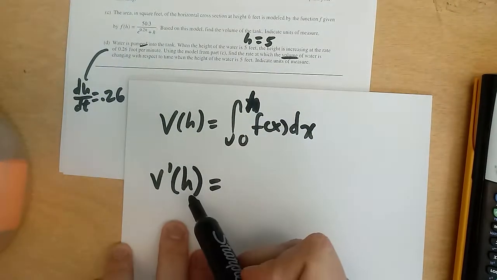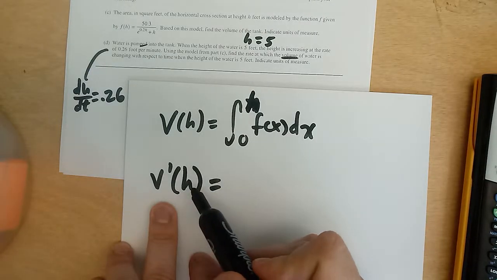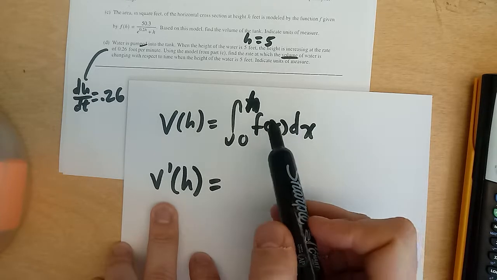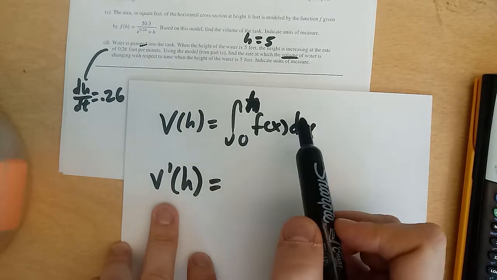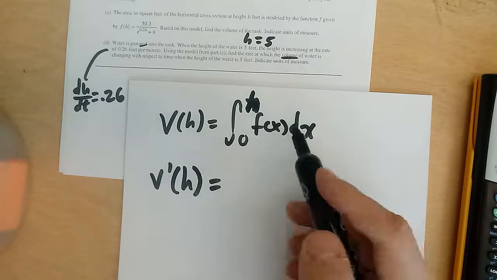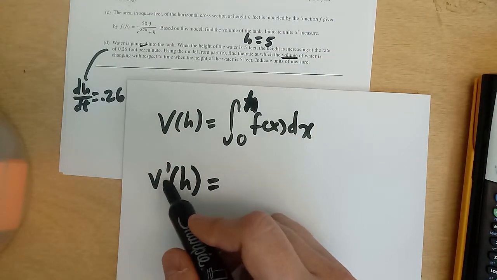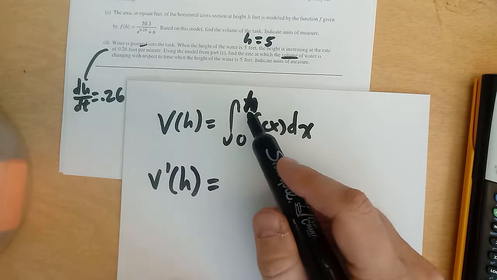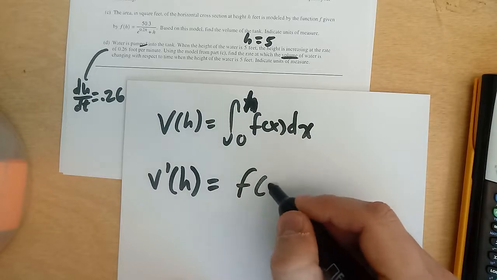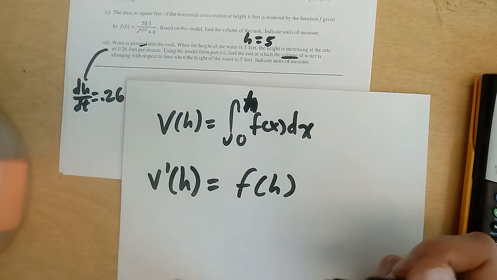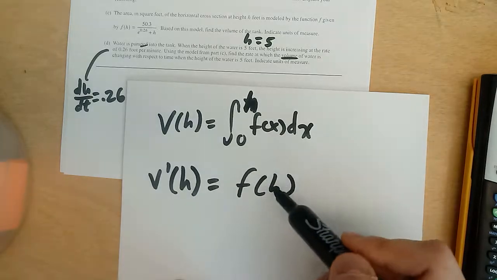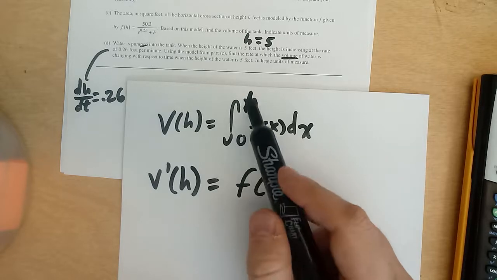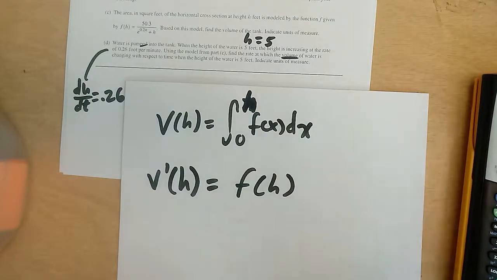Here's the great part. Remember that this is the fundamental theorem of calculus. The derivative of an integral, you just drop that bound in. So v prime is equal to f of h. Remember, we just dropped that bound in. If there had been something there, we'd do f of h minus f of whatever that is. But since the only one of these that has a variable is h, we just drop that in.